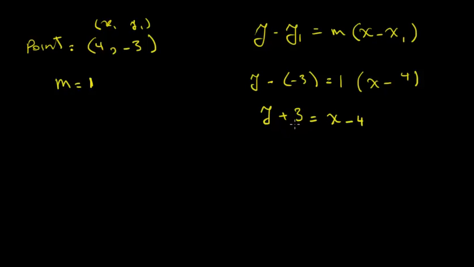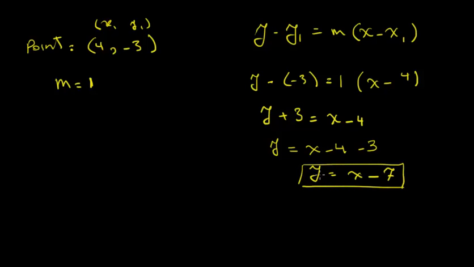We bring positive 3 to the other side of the equation in order to have y isolated on its own on the left side. So we'll have y equals x minus 4 minus 3, y equals x minus 7. And this is our equation for this line.